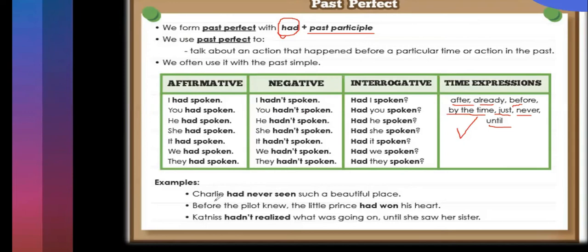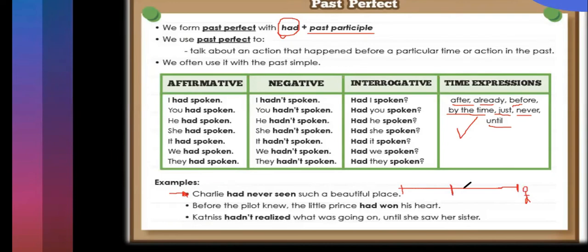For example, here we have a sentence. It says, Charlie had never seen such a beautiful place. It means that, let me put a timeline. I am telling this sentence here in time.